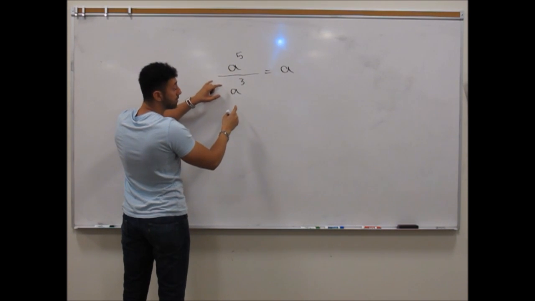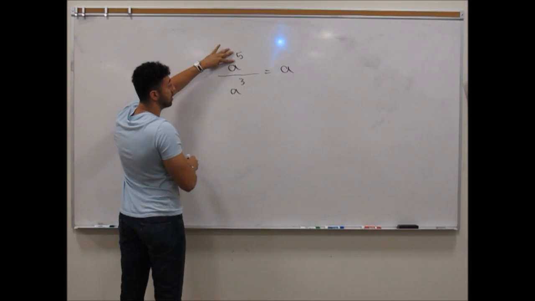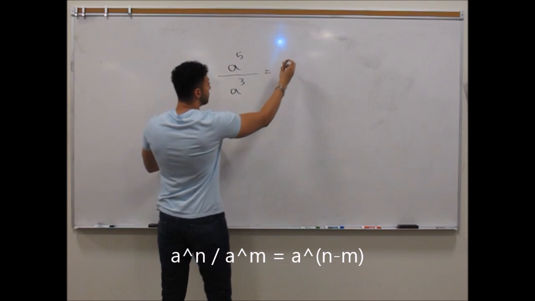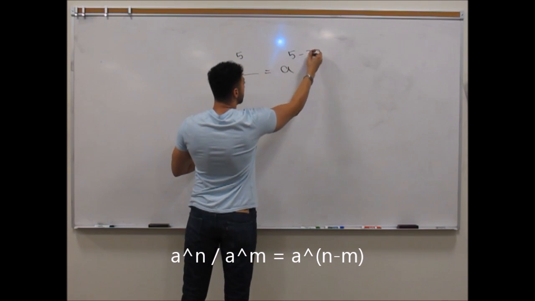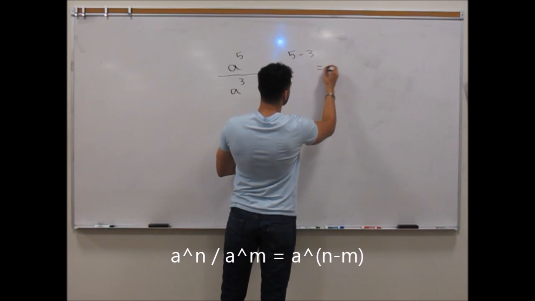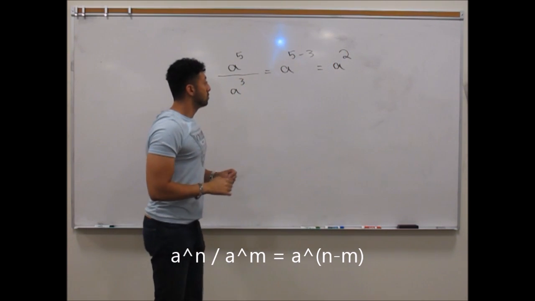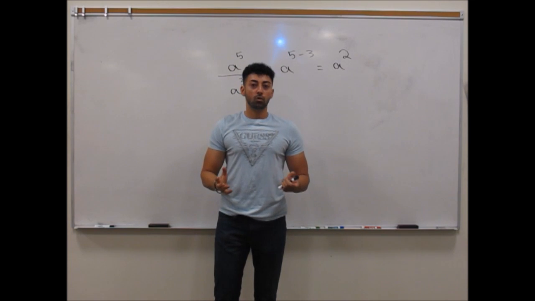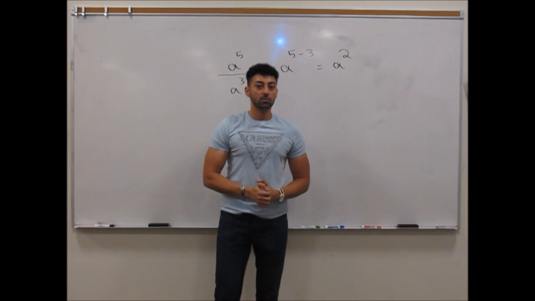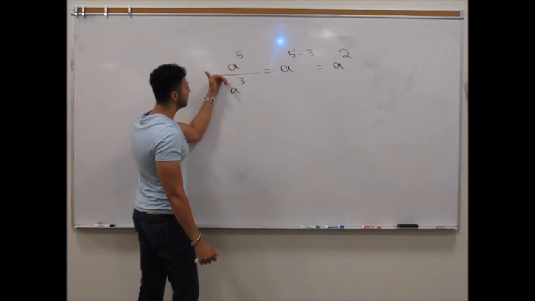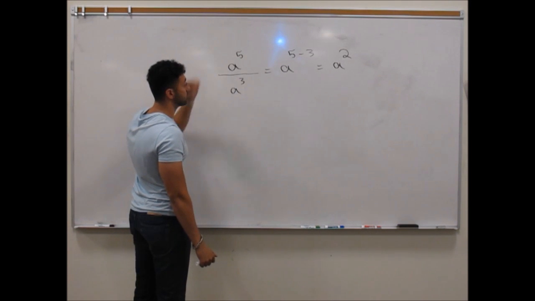And what we're going to do is subtract the exponents starting from the top. So it's going to be 5 minus 3, and then 5 minus 3 is 2. So yeah, when you multiply with the same base, you add the exponents, and when you divide with the same base, you subtract the exponents.